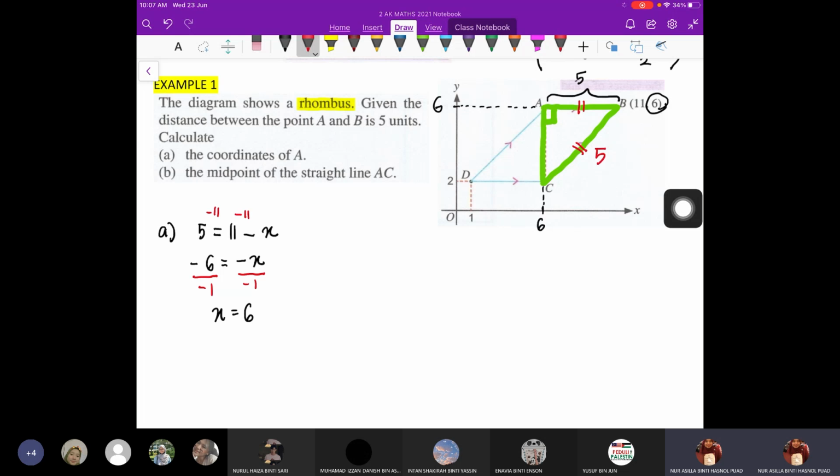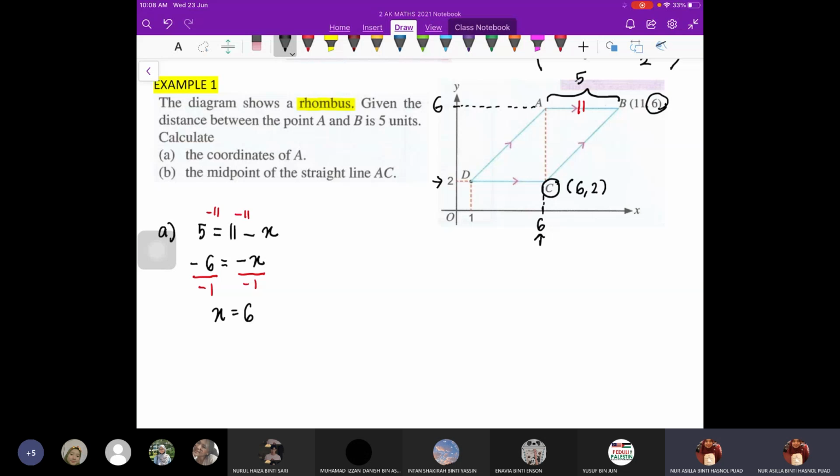So this will be 5 as well lah. Jadi kita kena tahu midpoint of AC. Hence, C kita boleh tahu dah juga. Oh, I thought C kita tak tahu. Sorry. So there's no point anyway to do all these things. You don't need to do that because C dah ada value of coordinate dia, X and Y. So C is 6 and 2.